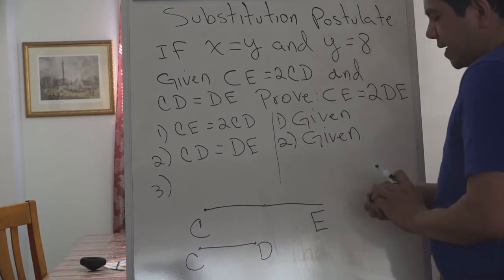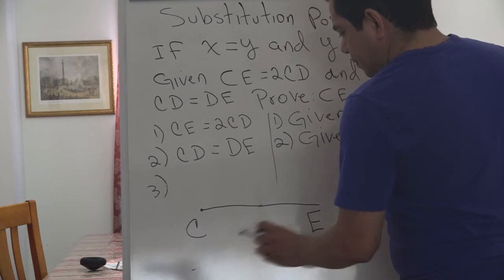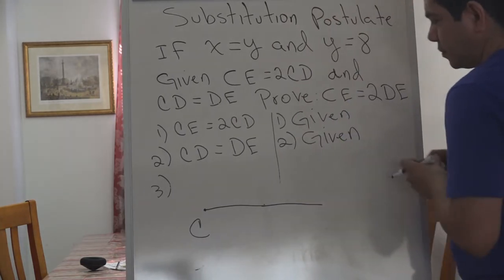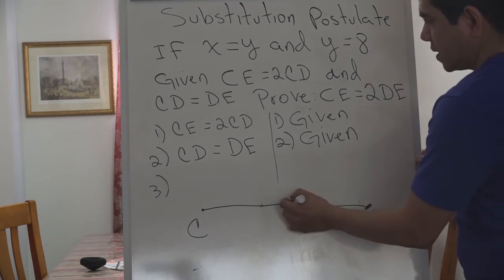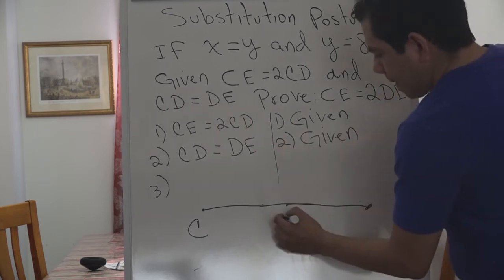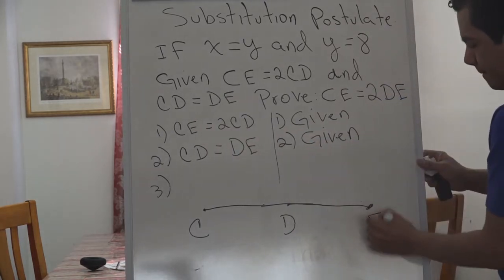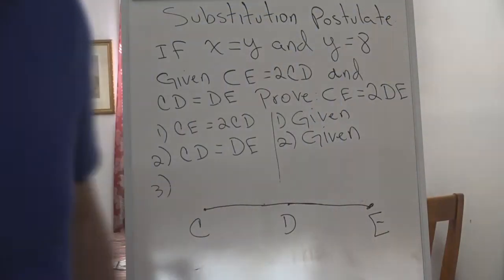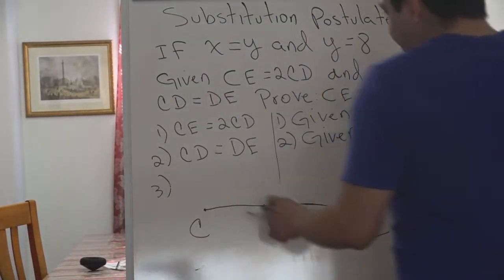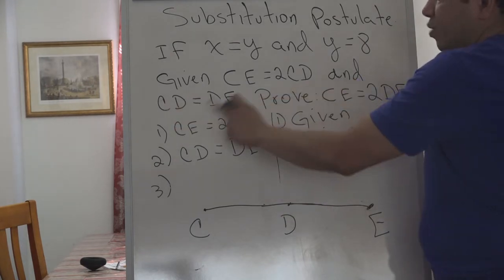So now let me actually do the following. CD is equal to the measure of DE. I did it. Now, can you see that? Oh, yes, you can. So, this was given to me.